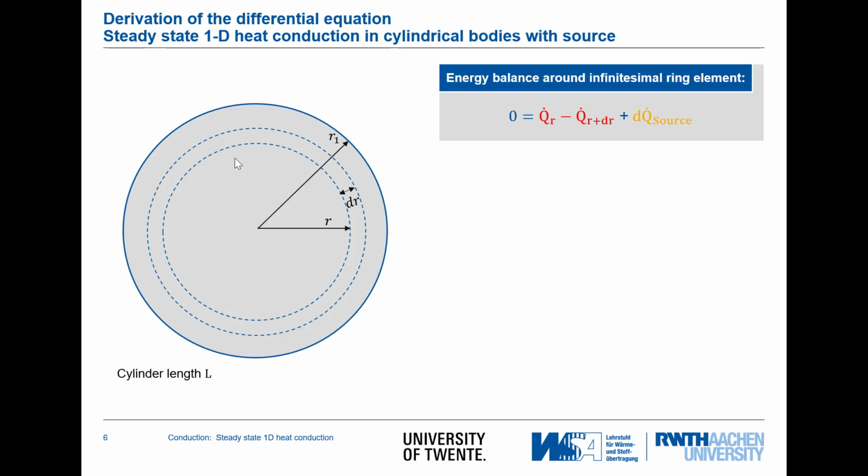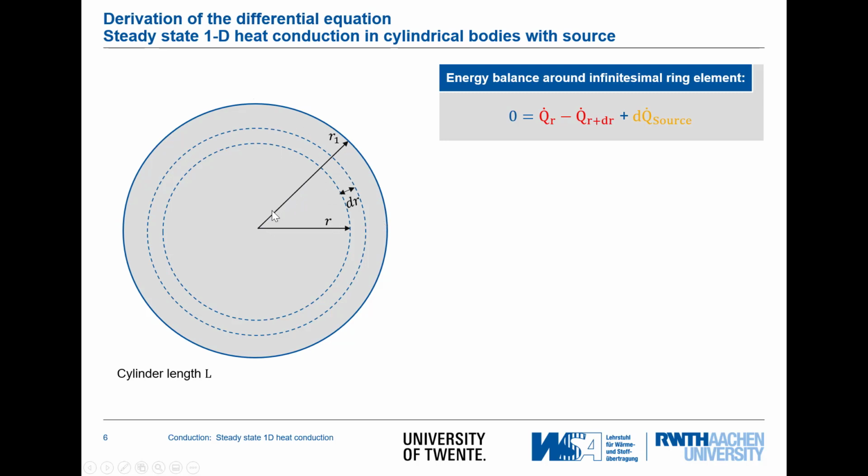Let's now leave the Cartesian coordinates and go to the cylindrical body, in which we have now not only the effect of the volumetric heat source, but in addition the effect of the changing and increasing surface area due to the increasing radius.